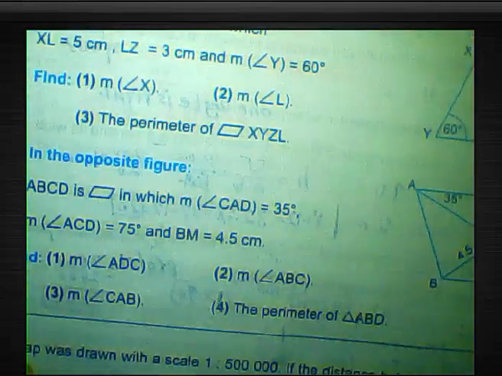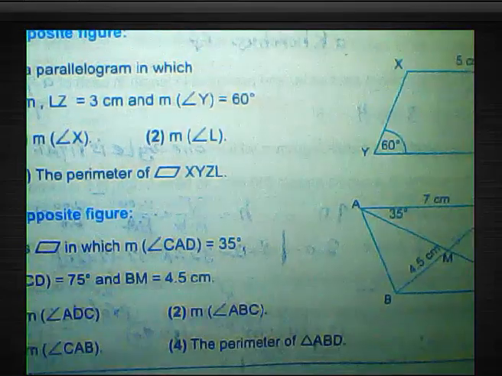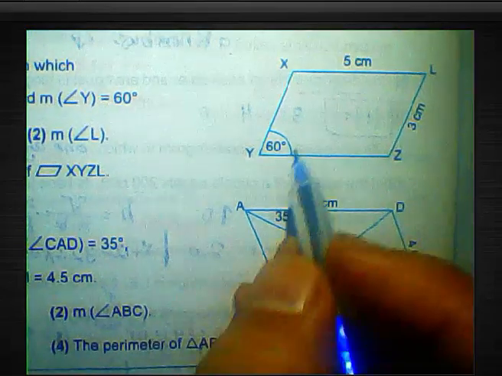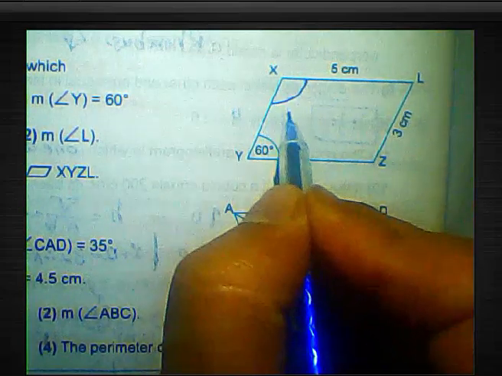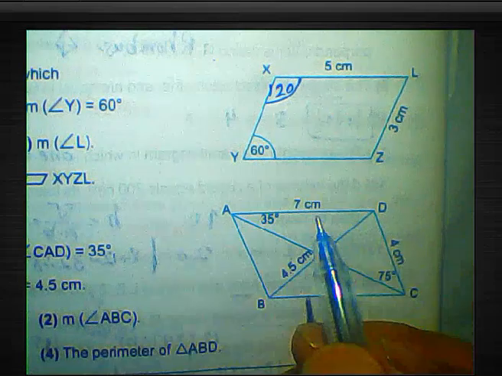Next question here. In the opposite figure, you want to find the measure of angle X and L and the perimeter. Okay, look at here. Measure of angle X equals 120 because 120 plus 100 plus 60 equals 180.